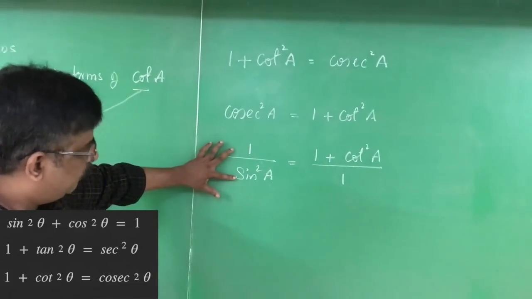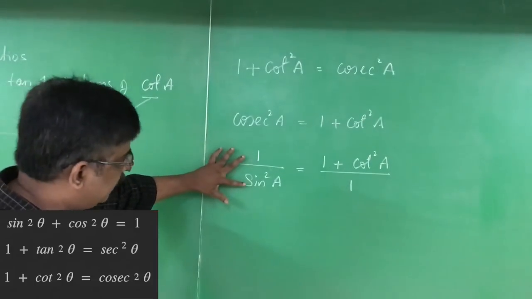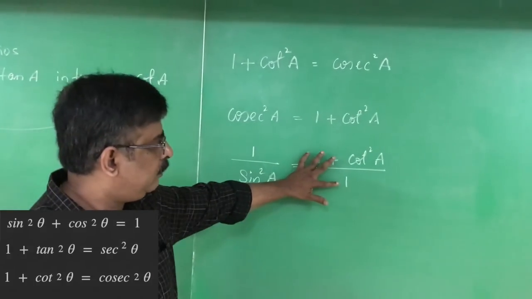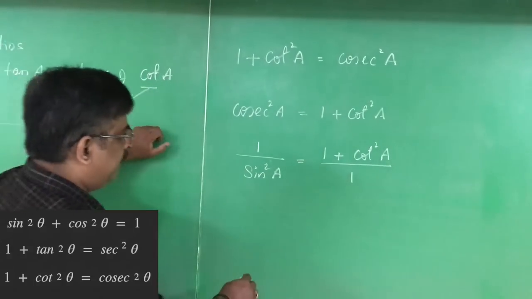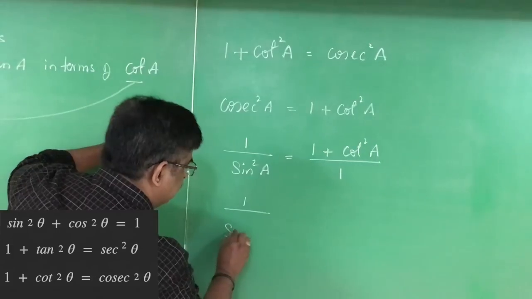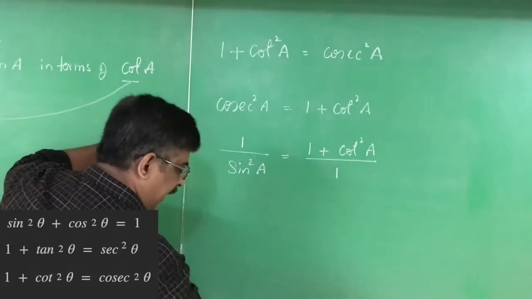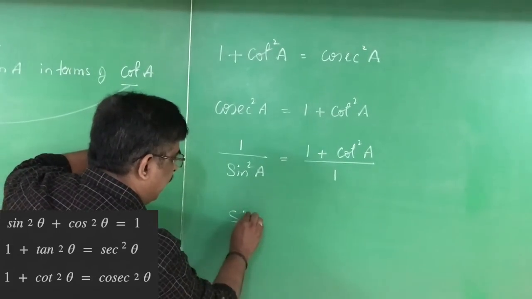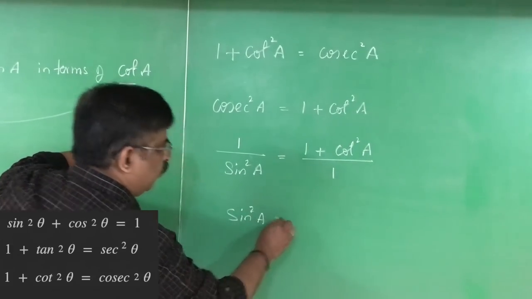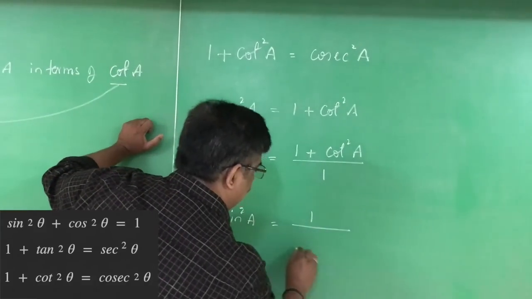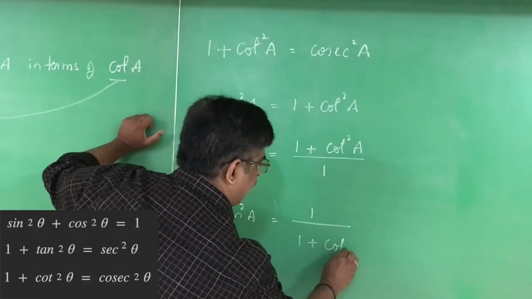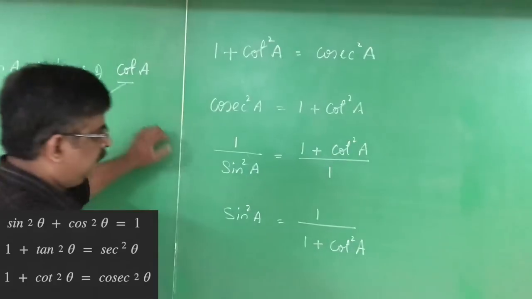Now I take the reciprocal of this. If I take the reciprocal of this, I also get a reciprocal. Then 1 by sine square A becomes sine square A is equal to 1 by 1 plus cot square A. See, I made this.